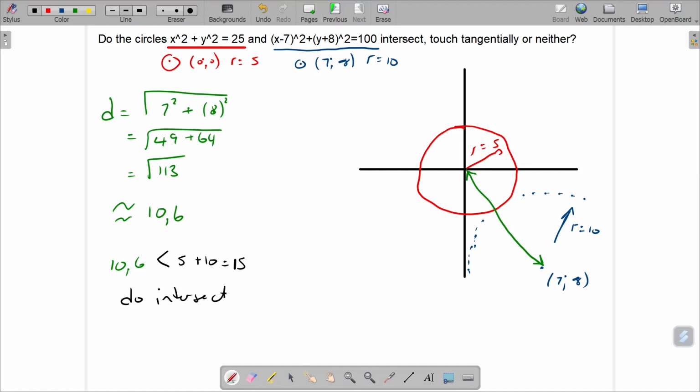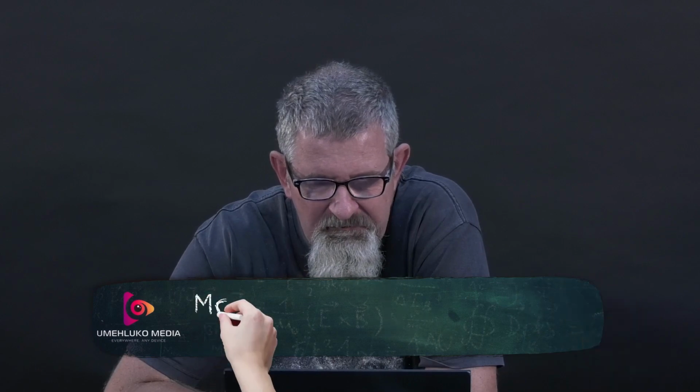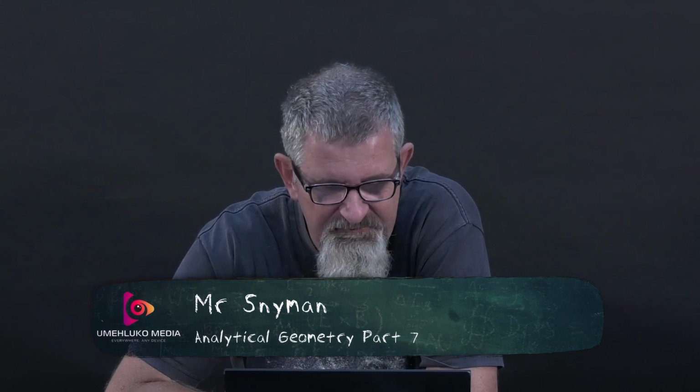Okay. Now, what is interesting about these two circles is they will intersect at 2 points, and those 2 points will be on the circumference of both circles. So we can find this point of intersection by making the two circles equal each other.